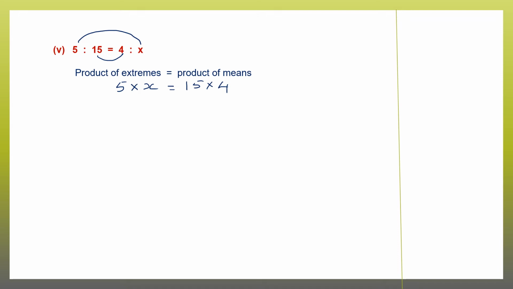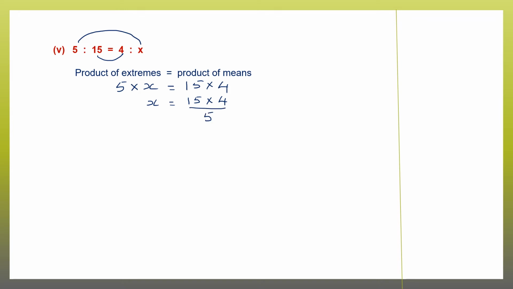Question 5. 5 is to 15 equals 4 is to x. So product of extremes again, that is 5 and x, and this should be equal to 15 into 4. Product of extremes 5 into x is equal to 15 into 4. So x is equal to 15 into 4, and I take the 5 to the right hand side, make a division.